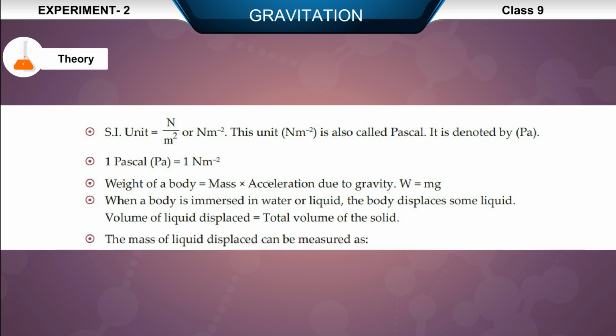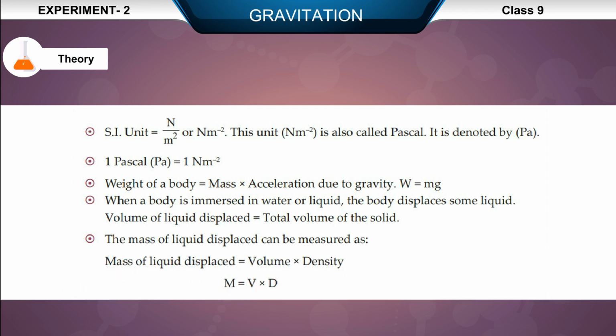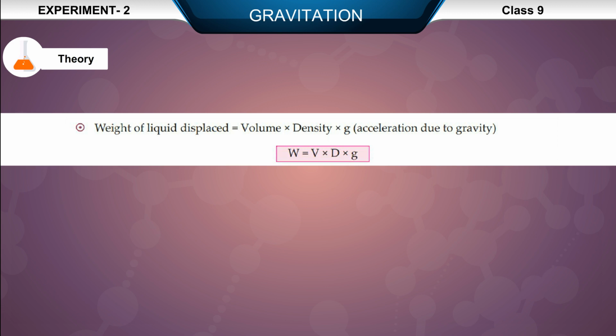The mass of liquid displaced is equal to volume into density, M is equal to V into D. Weight of liquid displaced is equal to volume into density into g, W is equal to V into D into g.